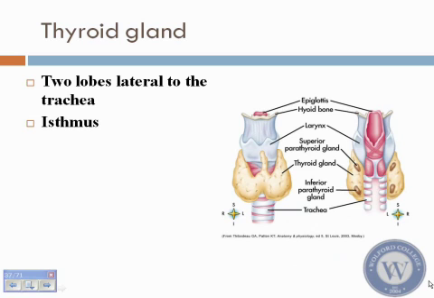Let's look at the thyroid. The thyroid is a gland that's in your neck. It originates, believe it or not, in the back of your tongue. If you stick out your tongue really far, you'll see a little diamond shape in the back of it. That's where the thyroid gland actually initiated, and it travels downward into the anterior portion of your neck, going to where it normally is, right in front of the trachea.